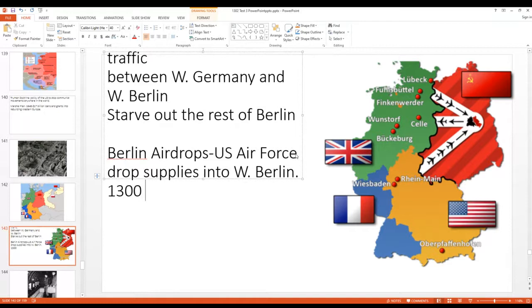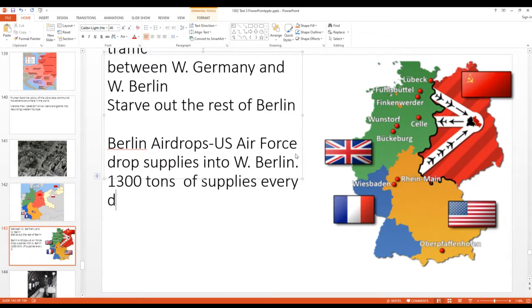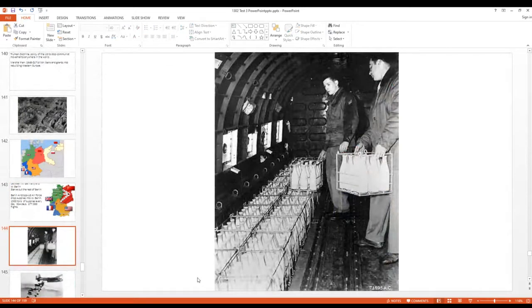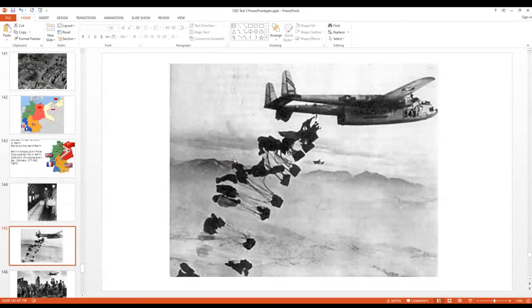We're talking 1,300 tons of supplies every day. That's 26,000 pounds. How many days? 324 days in a row, for a total of 277,000 flights. So we can see this picture, loading up milk, dropping supplies.